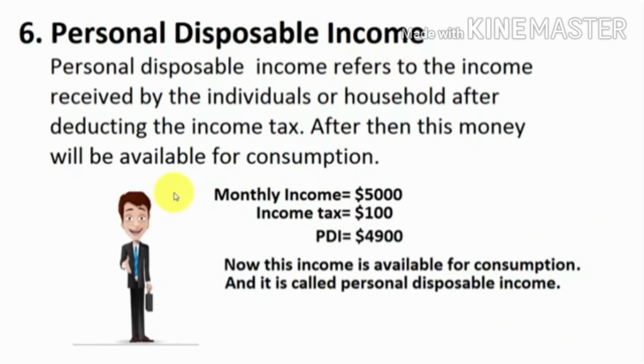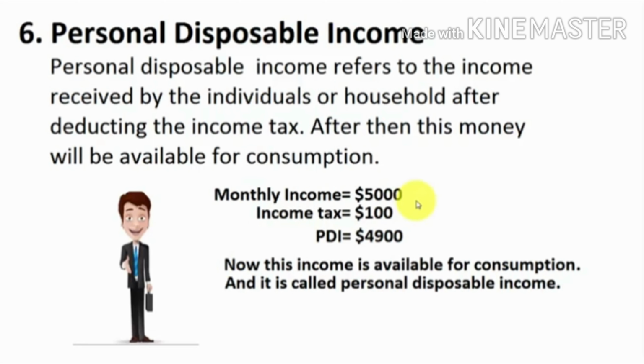The last concept of national income is personal disposable income. Personal disposable income refers to the income received by individuals or households after deducting the income tax. After that, this money will be available for consumption. For example, a person has a monthly income of $5,000, which is also called personal income.